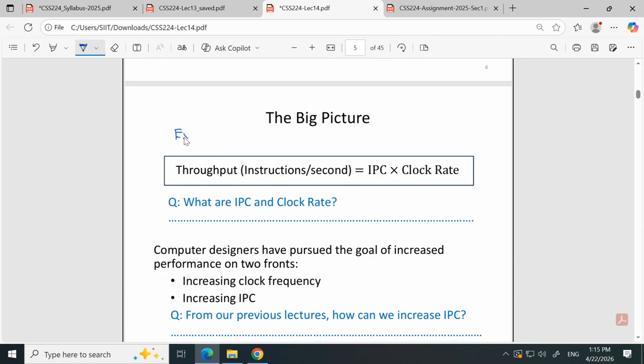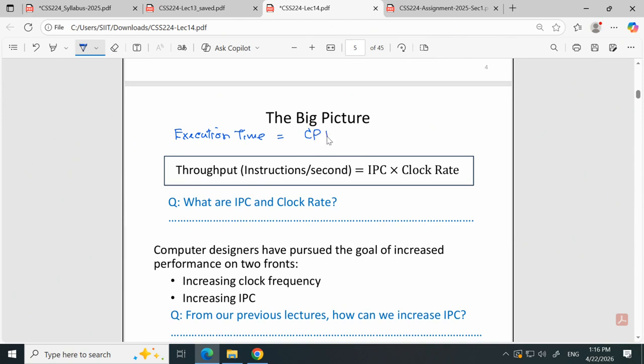The execution time, remember this? Quiz number 1 and 1 problem in the midterm exam. Remember? When I ask you to compute the execution time, you have to think about this formula.